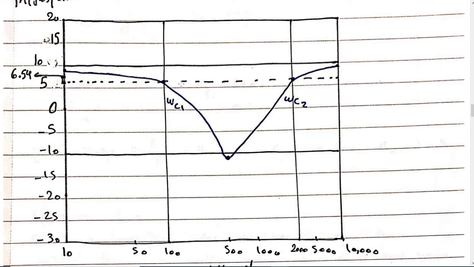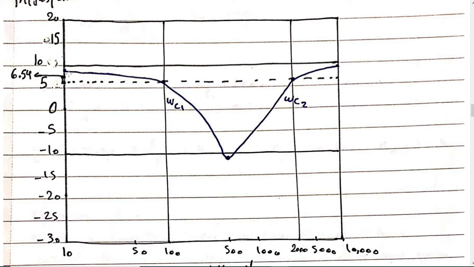So this dash line, what does this represent to you again? That's the magnitude of the transfer function when it's been reduced by 1 over square root of 2. Because this one gives us omega C1 and omega C2, for sure we say that 6.54 is the magnitude of the transfer function at cutoff frequencies. This is in dB.